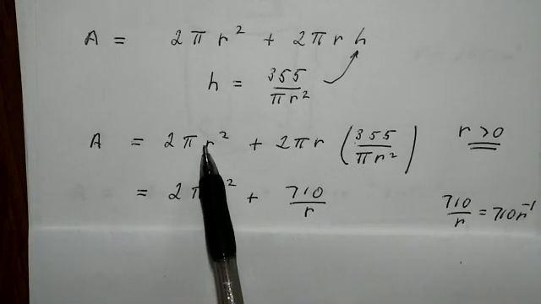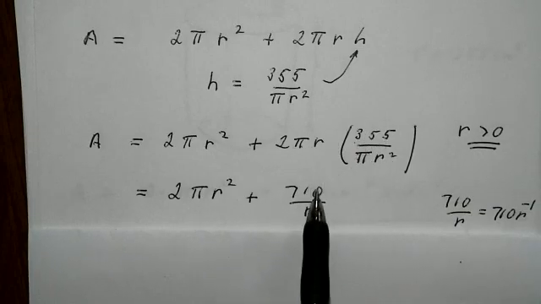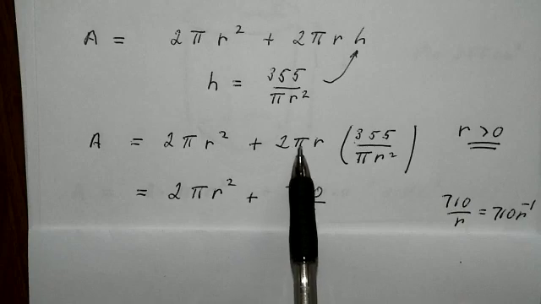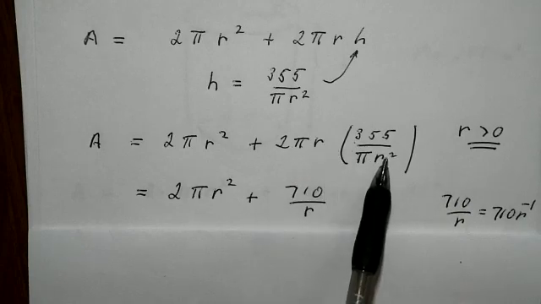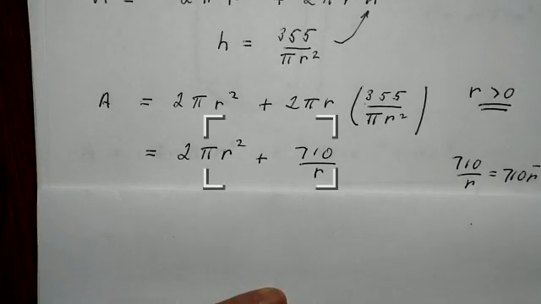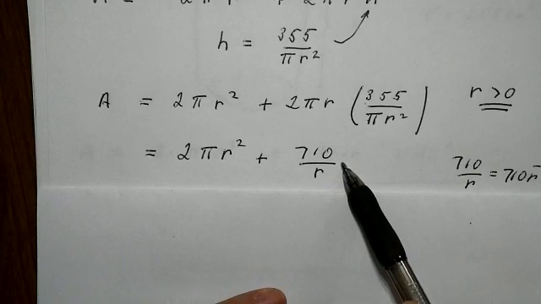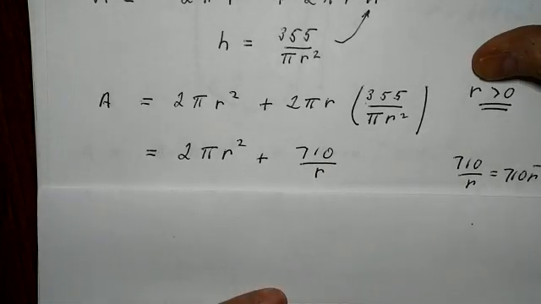We have then 2 pi r squared plus, we can simplify this, 2 times 355 is 710. The pi's cancel. R over r squared is r. Now we have a formula for the area in terms of one variable, that one variable being the radius. Let's figure out what radius will minimize the surface area.